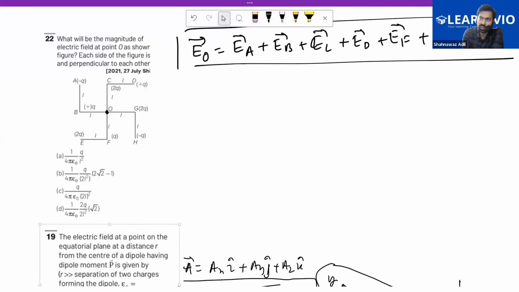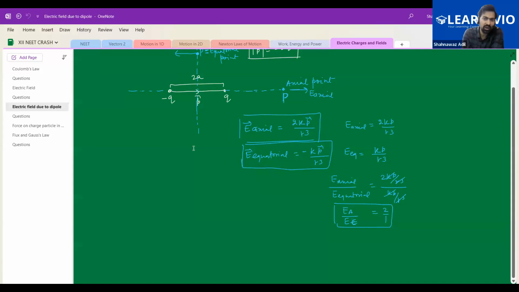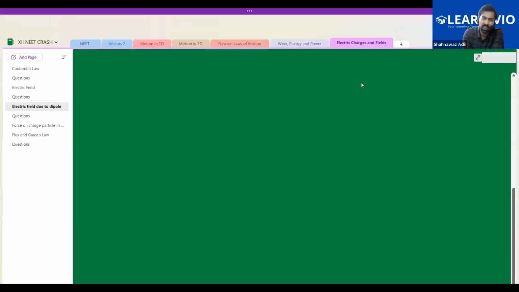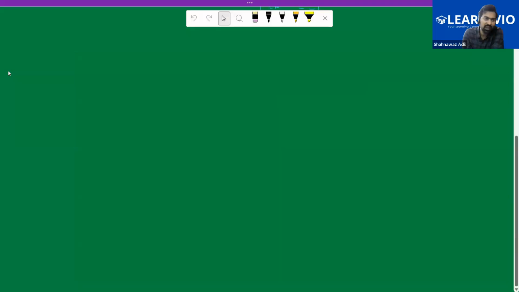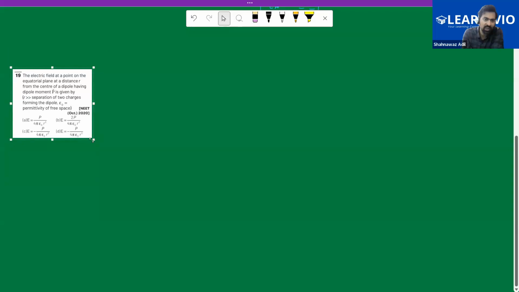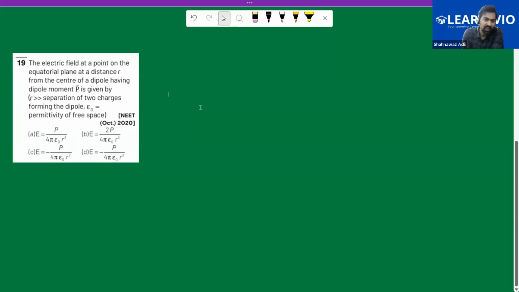There are direct questions for this law. For electric field due to a dipole, these would be direct questions. So you have to just remember the electric field due to a dipole at the axial and at the equatorial point, right? The electric field at a point on the equatorial plane at a distance r from the center of a dipole having dipole moment p is given by, where r is much greater than the separation of the charges.